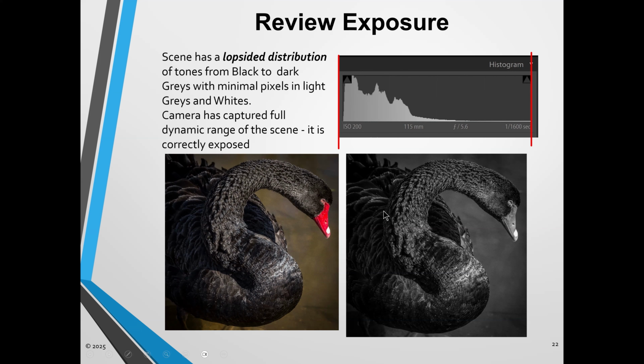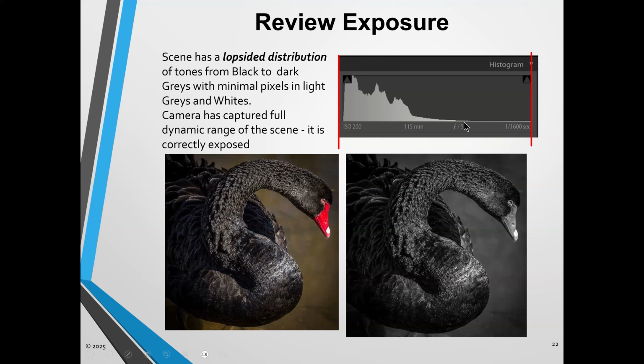I can actually see the detail in those feathers, but the swan was pure black, so this is all I can expect to get. But these highlights in the front of the feather and the whites in the beak are what I'm seeing up here. So all these highlights showing up with the sunlight are all the light colours that I'm getting up here.